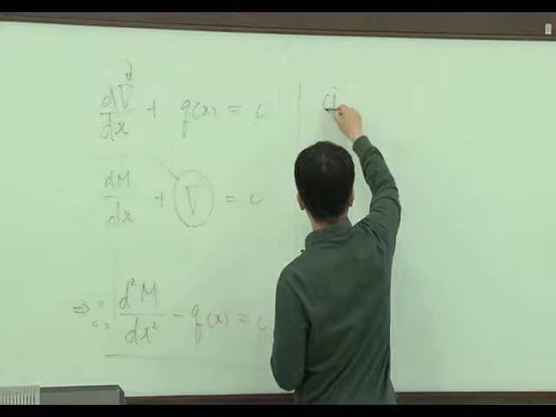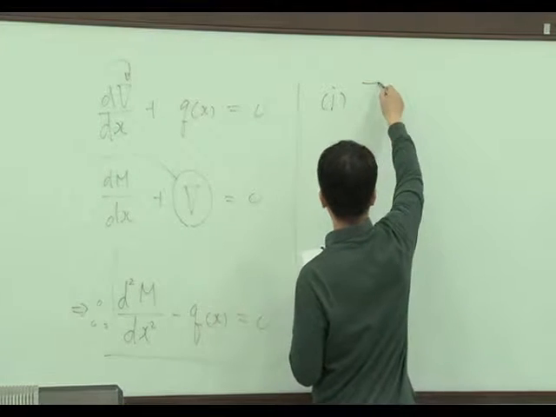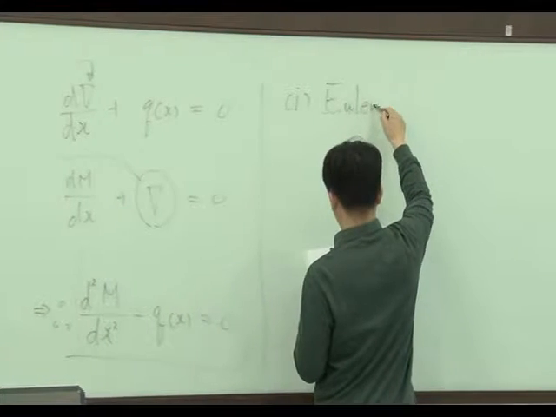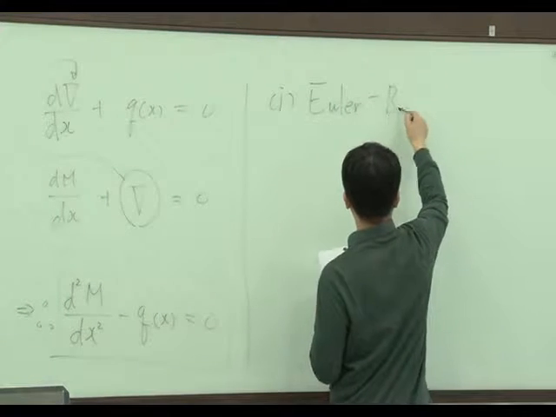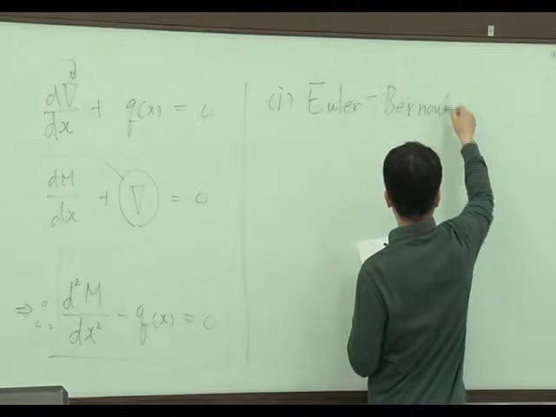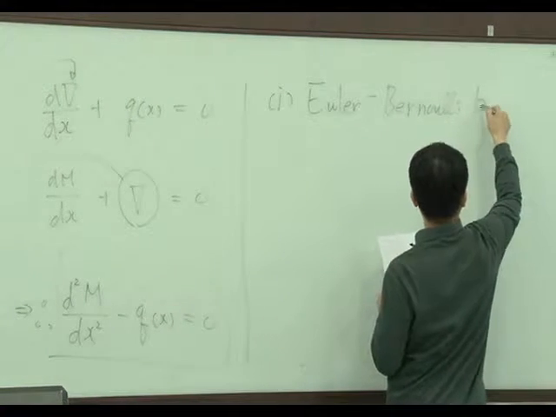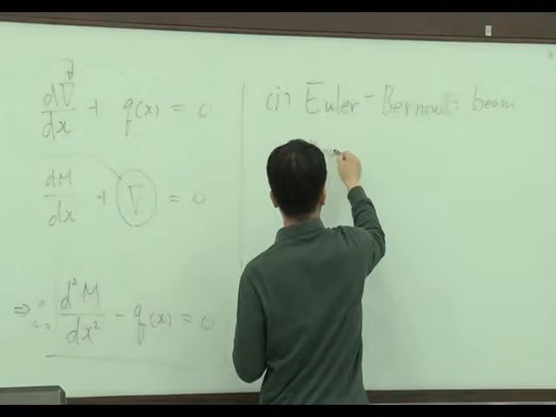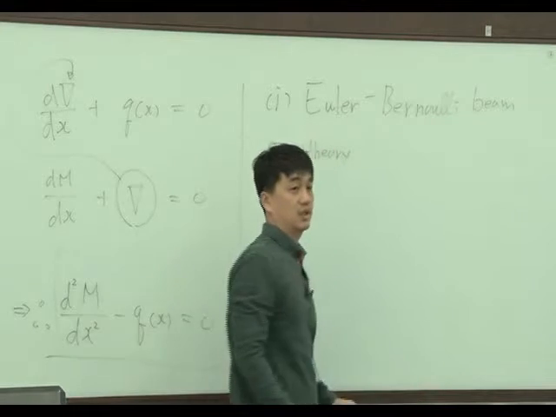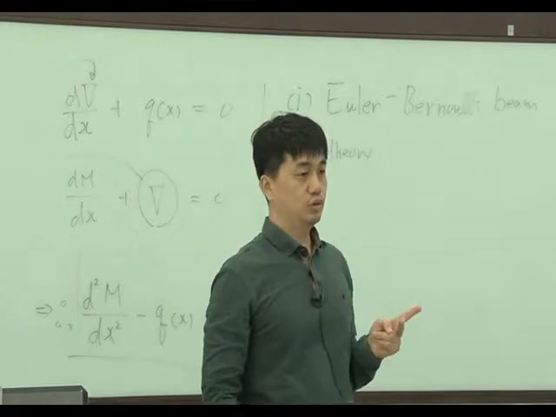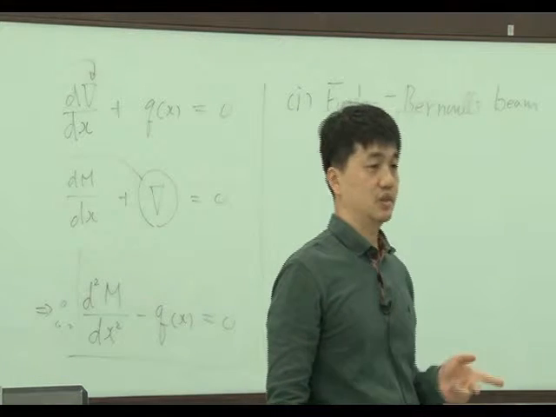So the first beam theory is Euler-Bernoulli beam theory. This is a very classical beam theory. Actually, there are two very famous beam theories, and both are very classic.